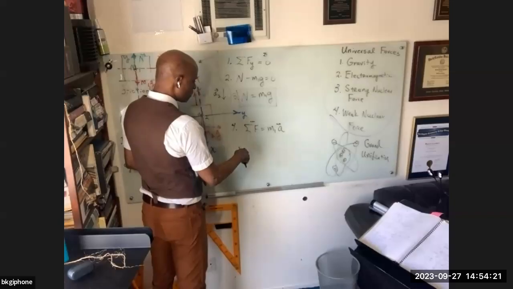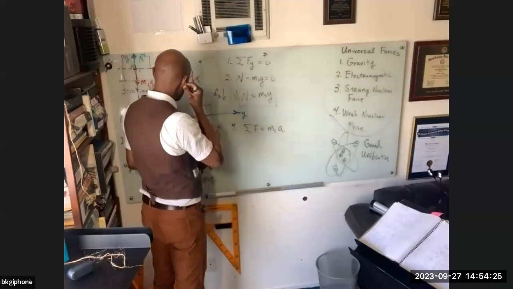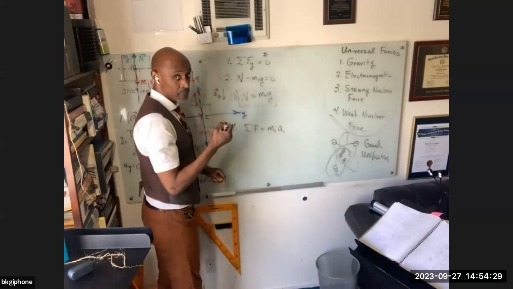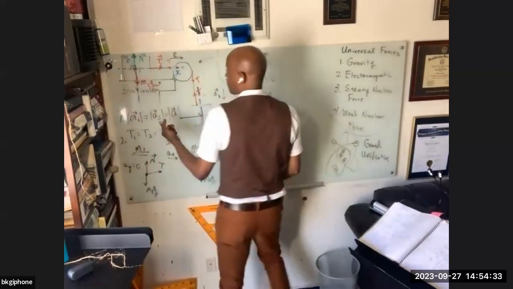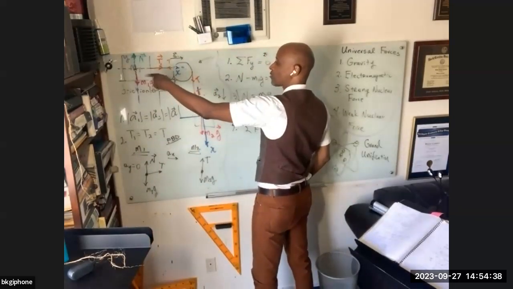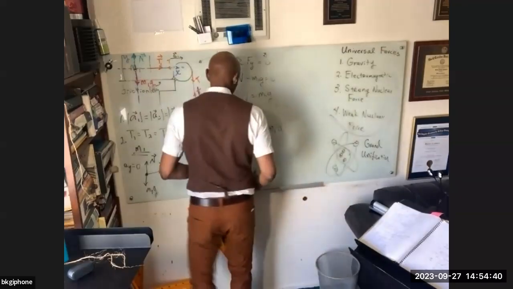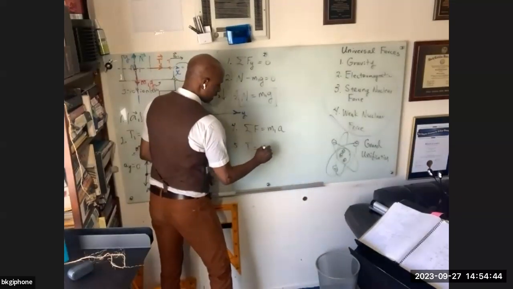But yeah, dealing with magnitudes here, we'll do the two forces. Well, it's only one force because there's no friction here. So the only force in the X direction is T. So this becomes T equals M1A.